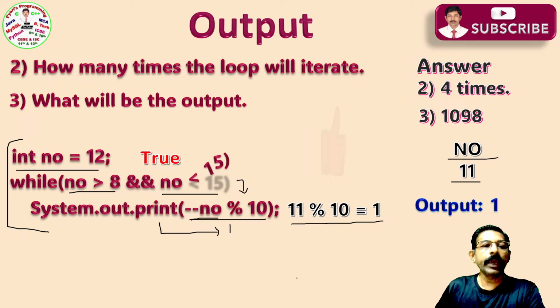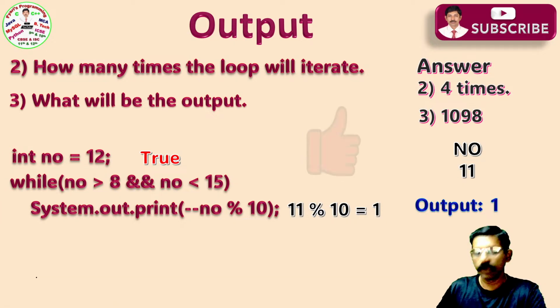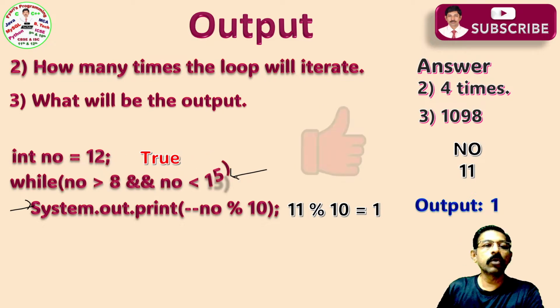Next, again it will check after the updation. After the body part, it will execute the condition again. So let's go for the condition. What is the NO value now? 11. 11 is greater than 8. Condition true. 11 is less than 15. Condition true. Hence both conditions are true. Result is true.